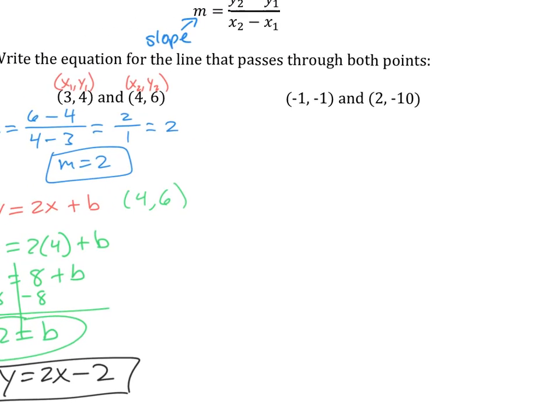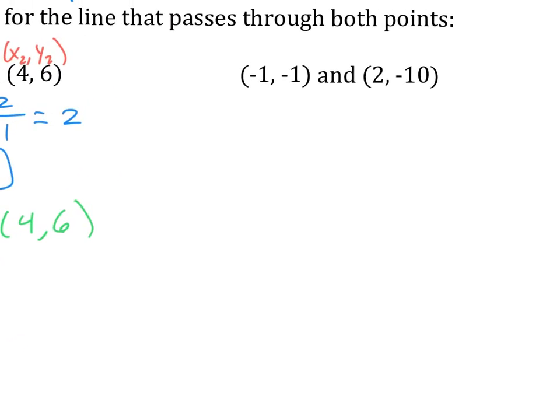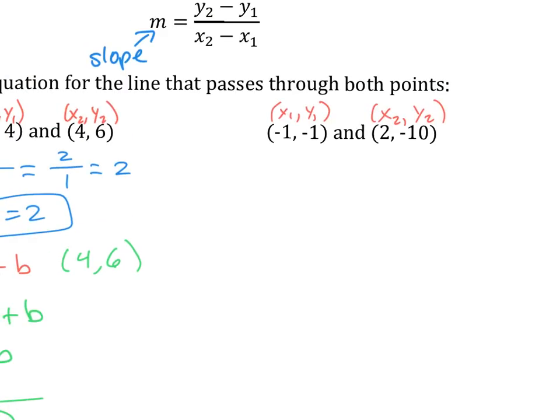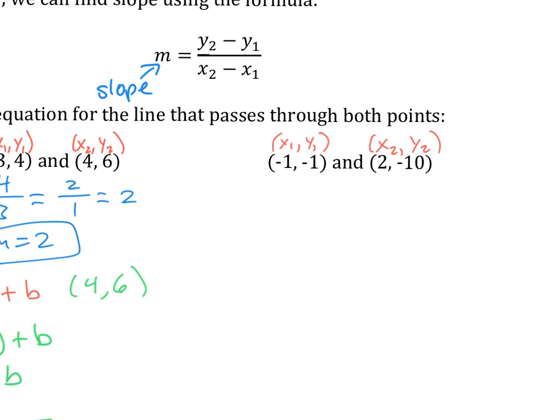Let's look at the next example here. Again, I'm just going to choose that this first ordered pair is going to be x1, y1, and the second ordered pair will be x2, y2. We'll use our formula up here, so we know that our slope is going to be equal to negative 10, which is y2, minus a negative 1, all divided by 2 minus negative 1.